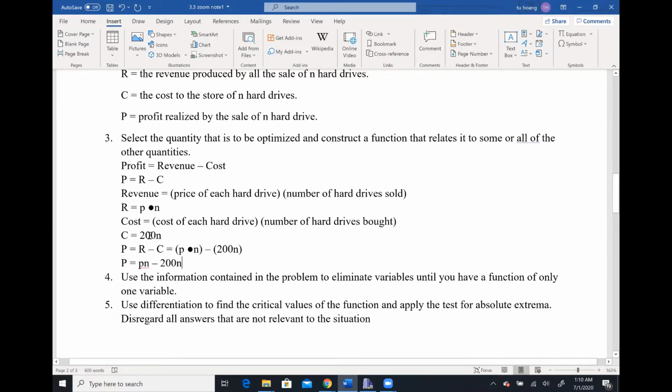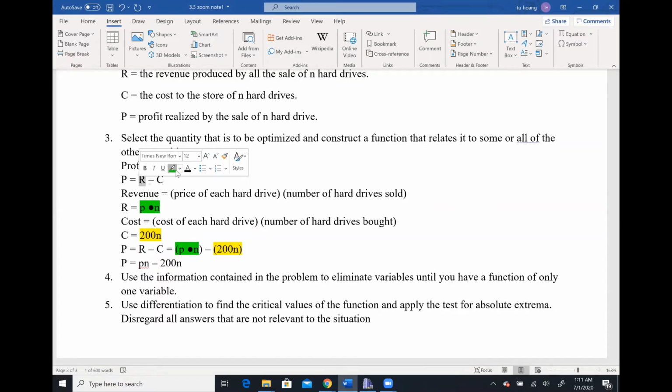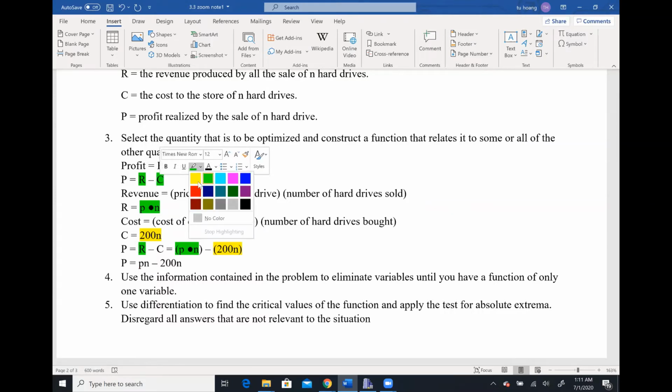Maybe I'm going to mark this one with this color, and mark this one with this color.